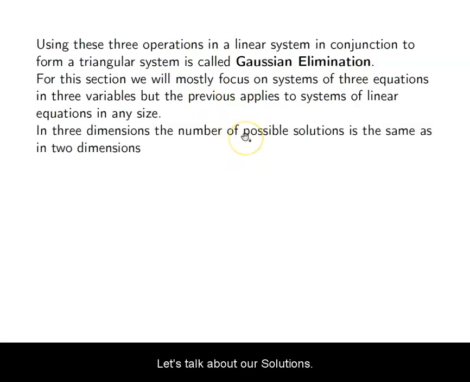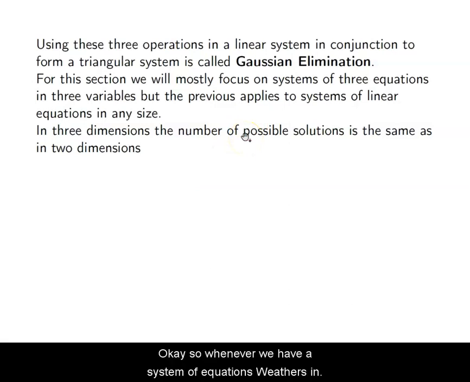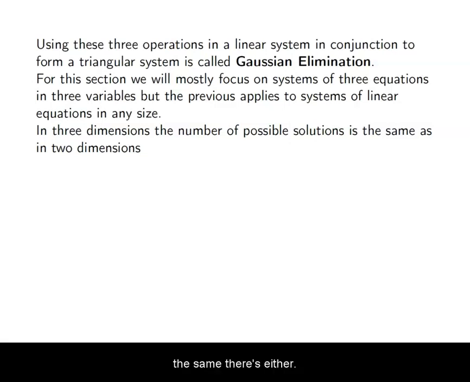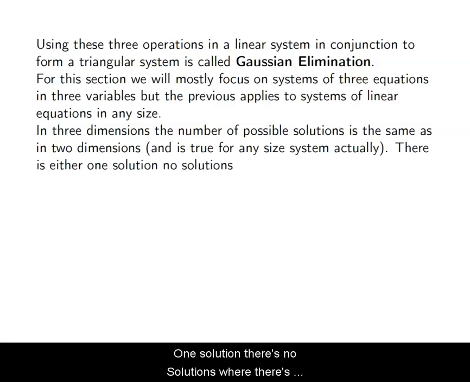Let's talk about our solutions. Whenever we have a system of equations, whether it's in R2 or R3, it doesn't really matter. If I'm in 2-space or 3-space, the number of solutions to a system of equations is always the same. There's either one solution, no solutions, or infinite solutions. It doesn't matter what dimension system I'm in.